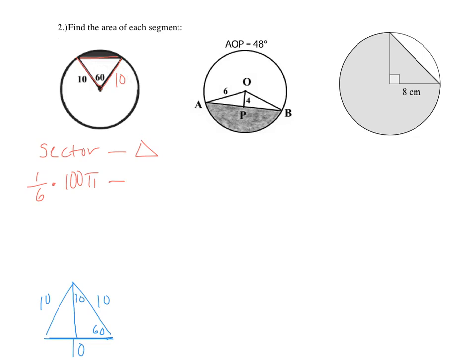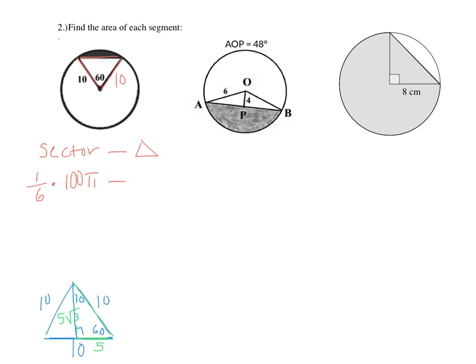And hopefully you noticed this from something we did earlier. This is a 30, 60, 90 right triangle. And when we have a 30, 60, 90 right triangle, I can find the side lengths much easier. And so if this side is 10, then this small side must be 5, which makes my height here 5 radical 3. That's what I need in order to find the area of this triangle.